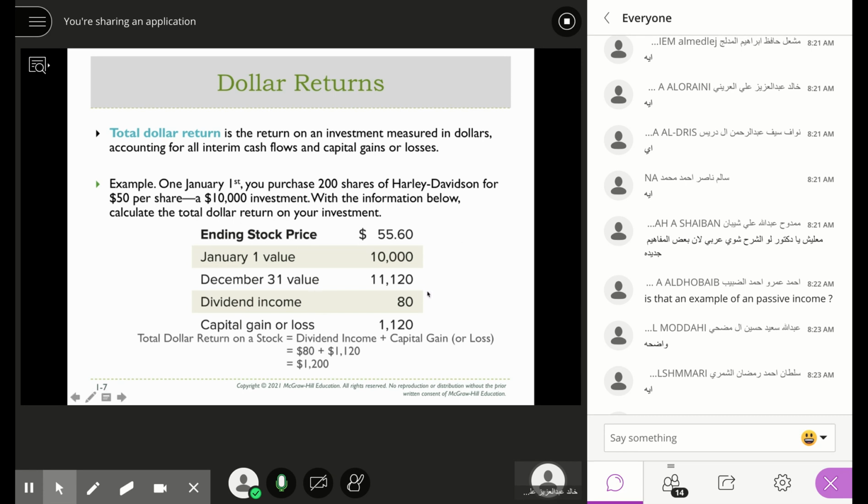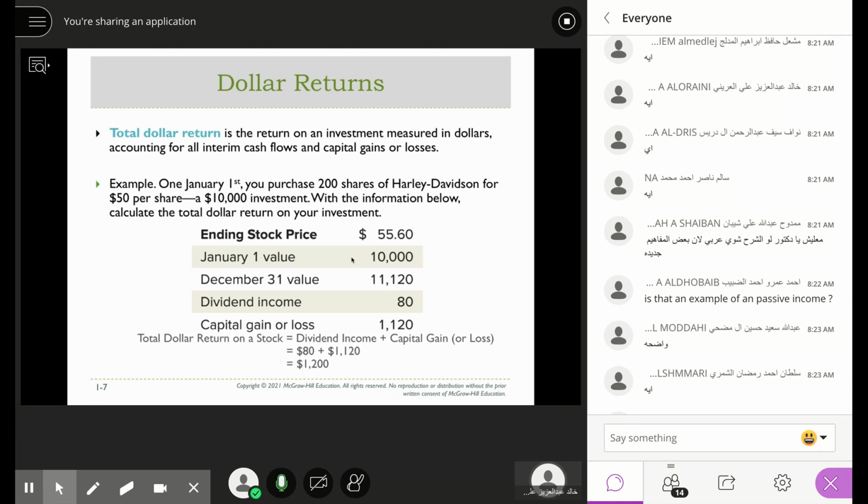And we have the following information. On January 1st, this is called the beginning period stock price, and let's assume that we are doing this over 1 year. On December 31st is the ending stock price. The beginning stock price is 50, and the ending stock price is 55.60, so it did go up by 5.6 dollars.